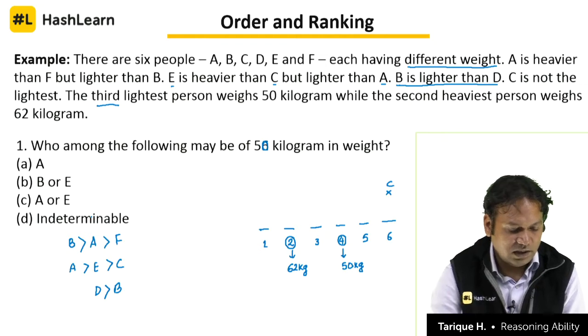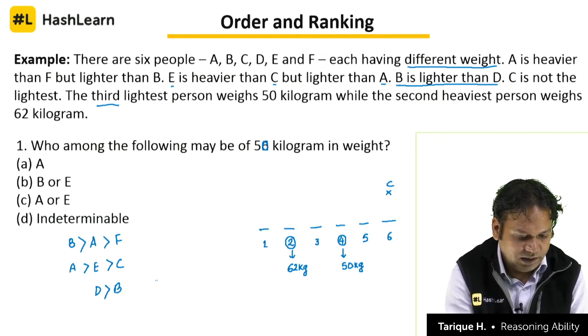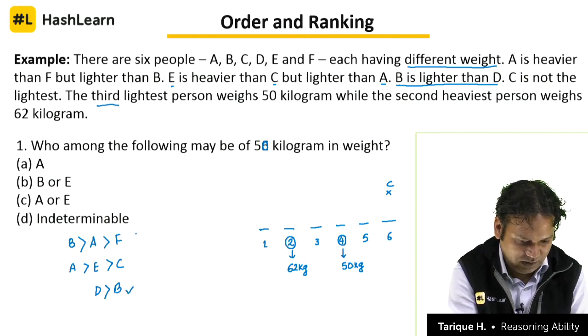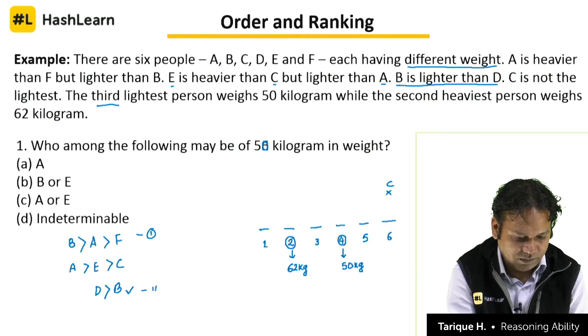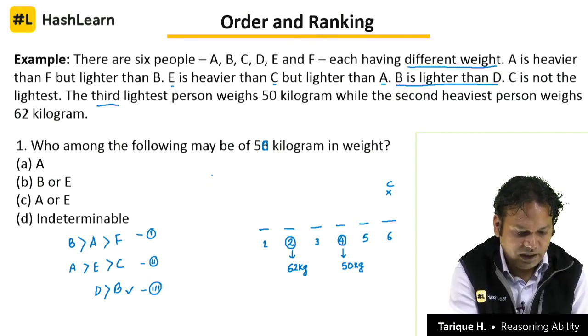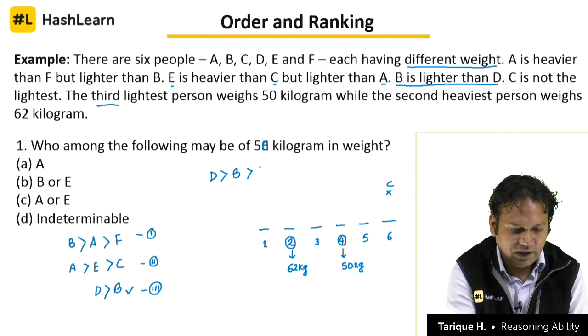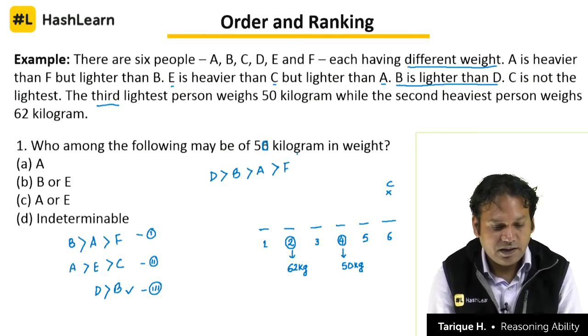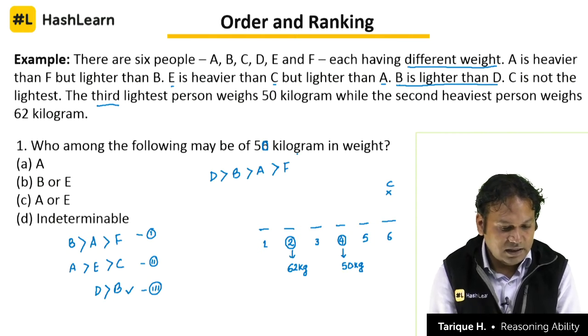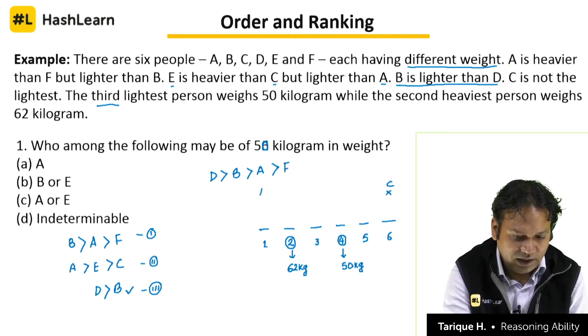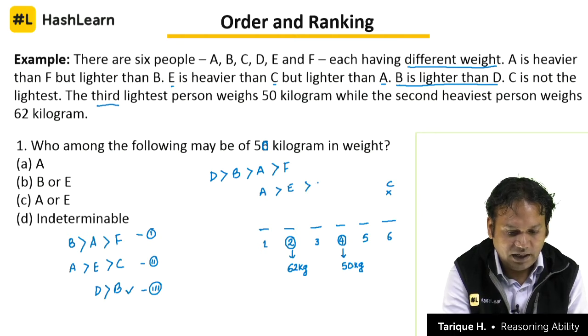So, how do we combine all of these equations? We see here that D is heavier than B. Using the first equation and the third equation, if we combine them, we can very clearly, without any doubt, say that D is heavier than B, B is heavier than A, and A is heavier than F. We also know that A is heavier than E, and E is heavier than C, but we do not know where E and C will come.